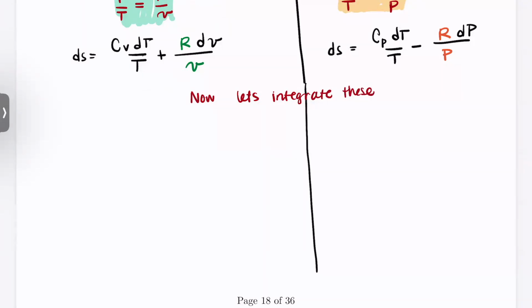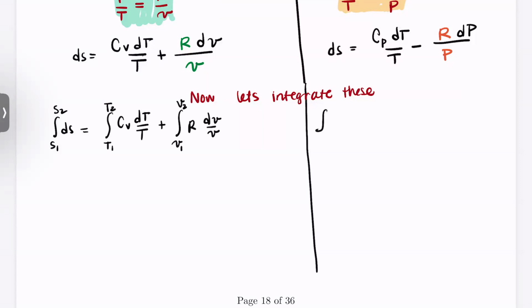I'm going to do the integral of ds from S1 to S2, and then integrate from T1 to T2 of Cv dT over T, plus the integral from V1 to V2 of R dV over V, and then the same deal on the other side.